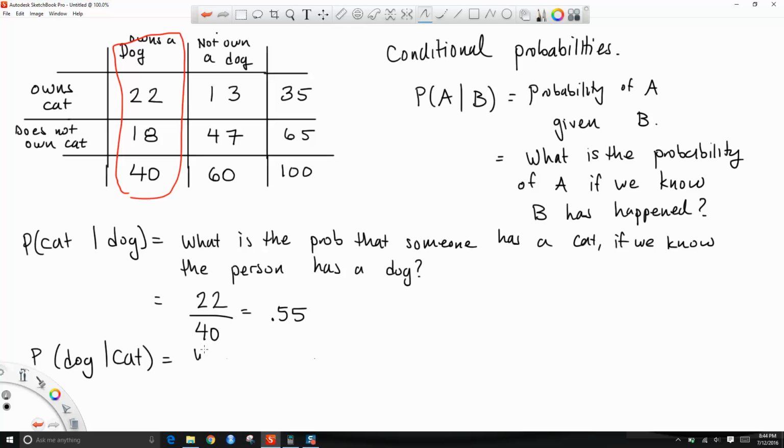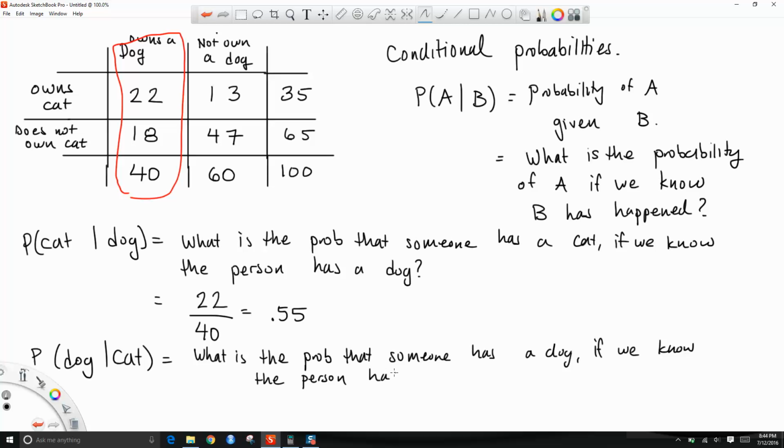This is, what is the probability that someone has a dog if we know the person has a cat. Okay. Do we see the difference here?